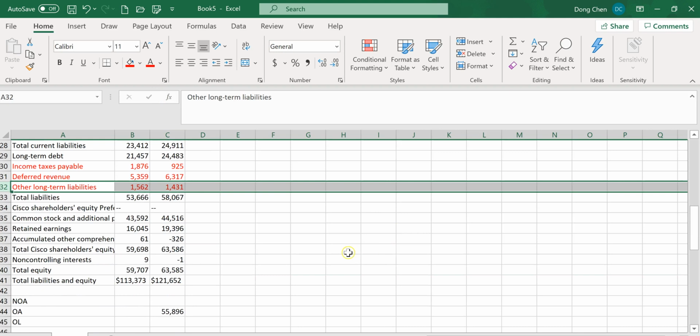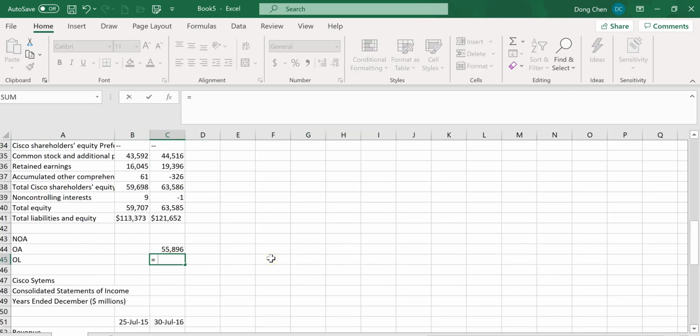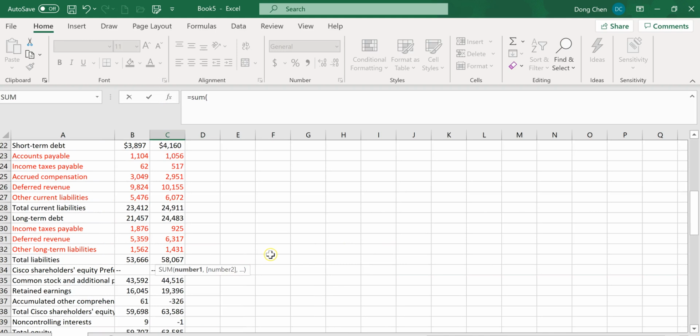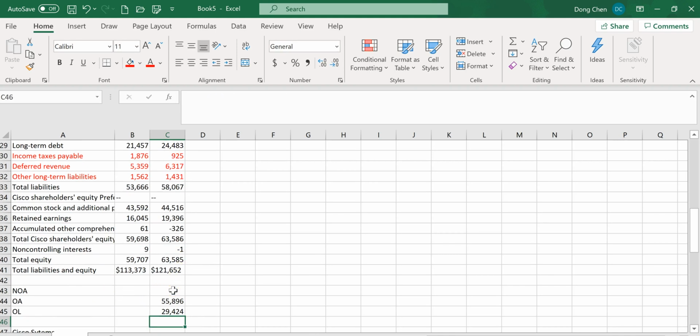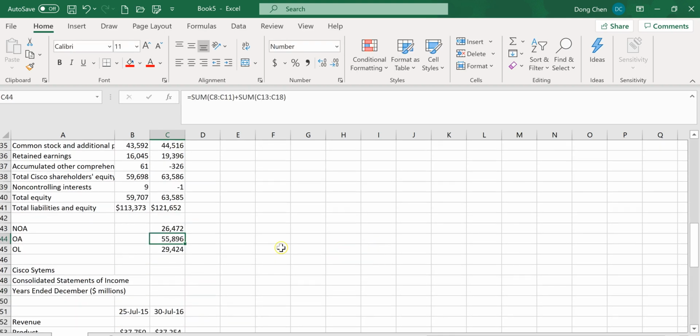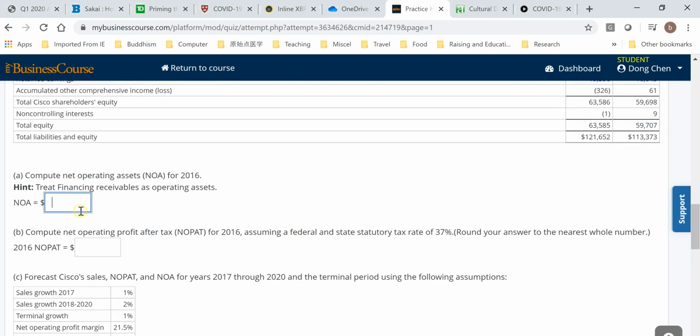For the operating liabilities, we can also use two summations: one starts from here and ends at other current liabilities, and then we add the sum of these three items here. NOA is simply the difference between OA and OL, so we can put this number back in the first blank.